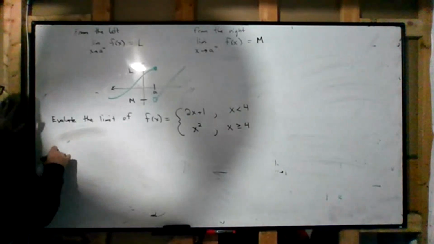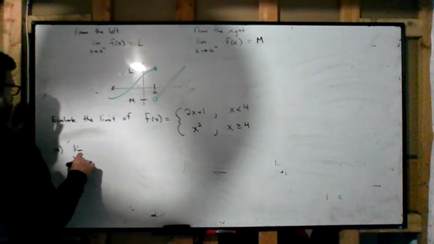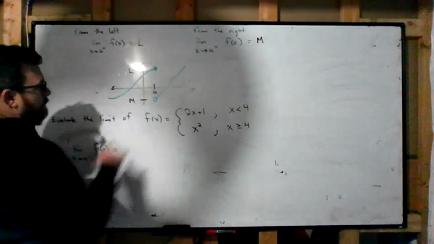So if I ask you A, what is the limit as x approaches 4 from the negative side of this f of x? You know, that function right there.